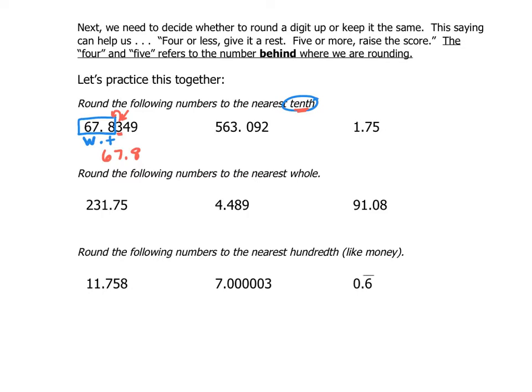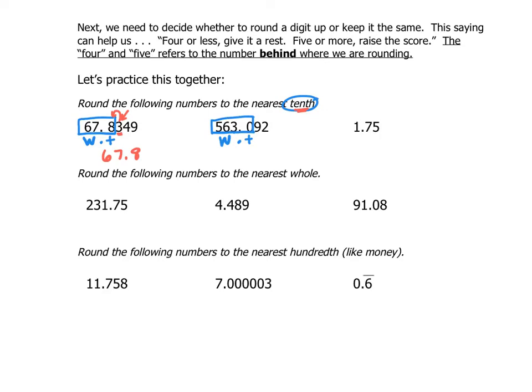So let's try this again. We're going to start putting a W underneath everything to the left of the decimal. That's a whole number. 563 is a whole number. Then we're going to write our decimal or dot, and then we're going to write T. Since we're rounding to the tenth, that's where we're going to cut this number off.